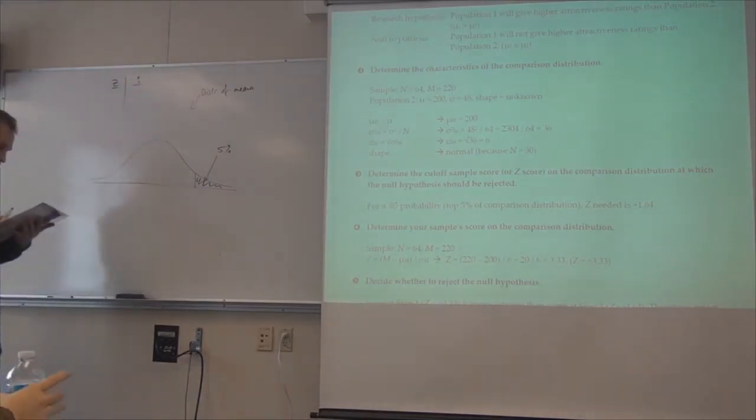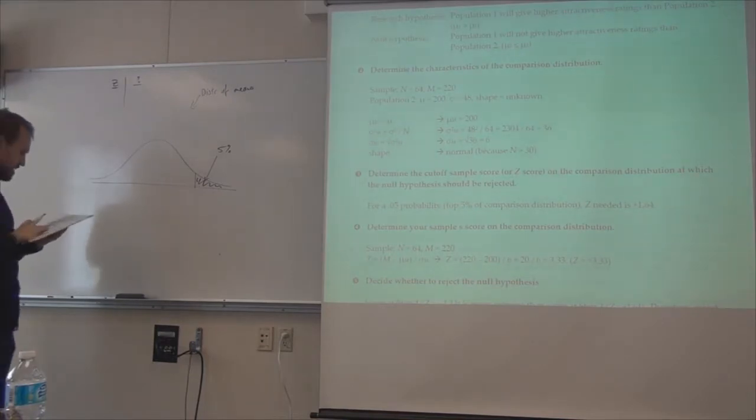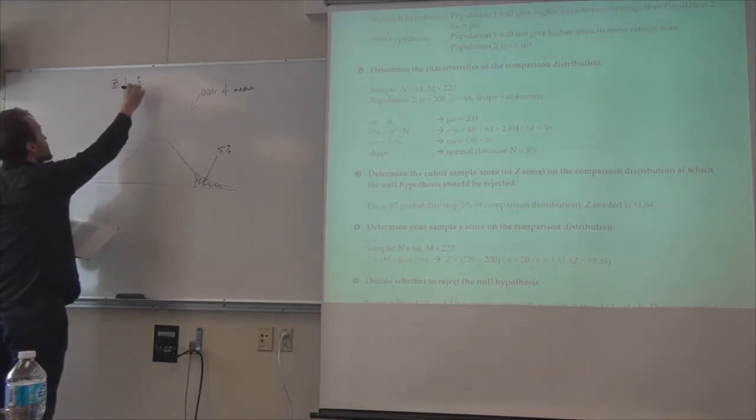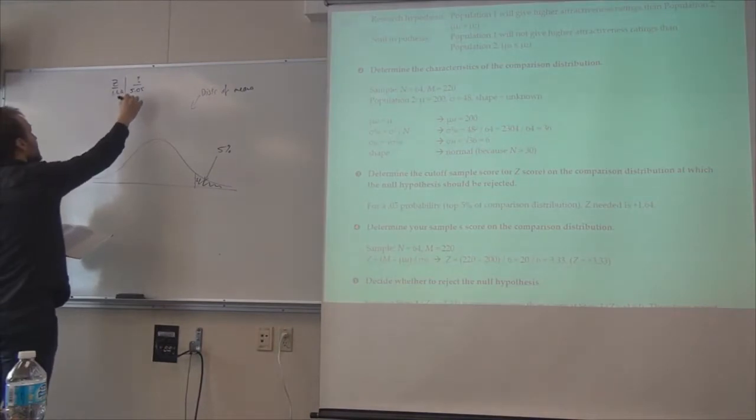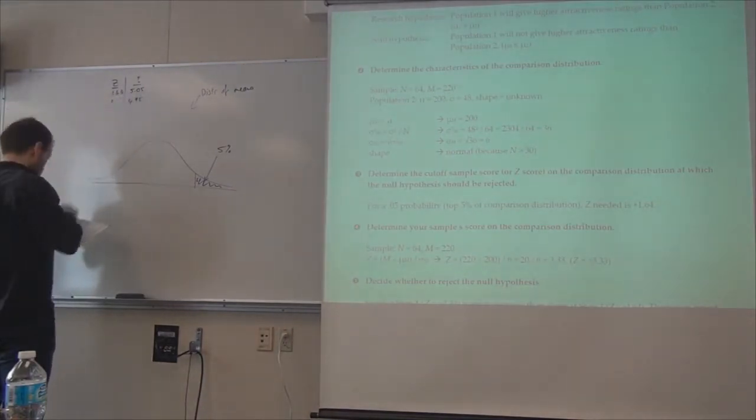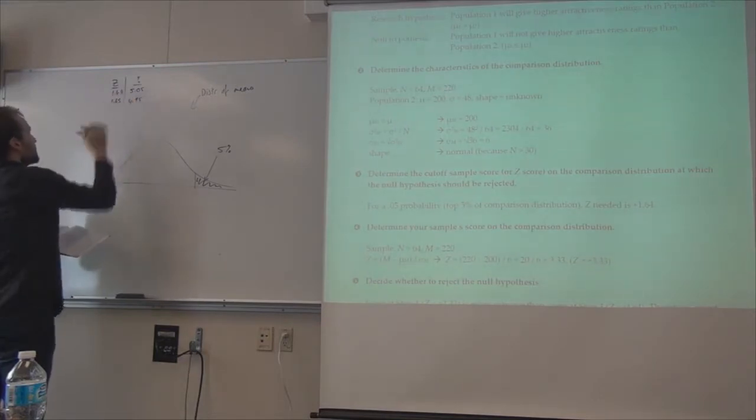If I look at the 5%, where was this now? 5.05%, 1.64 for a z-score, 4.95%, 1.65.